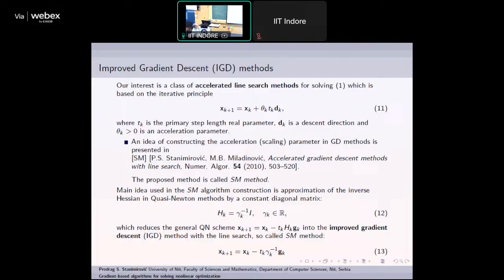We wanted to put in another parameter. If we consider a rule of the form new iterative point equals old iterative point plus step size times search direction, it will be a line search method. We wanted a new class of iterative methods with another parameter, with another step size.